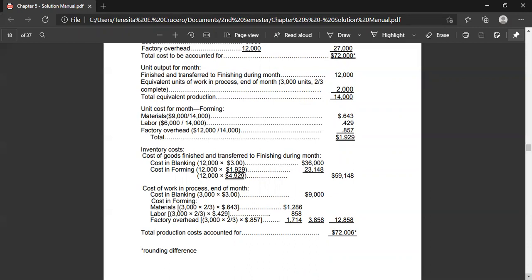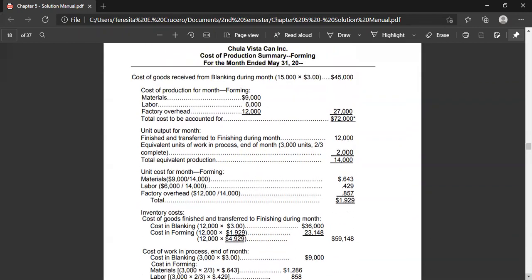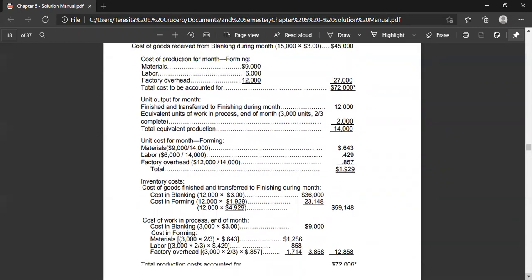4,300, no? So we have now the cost in blanking, 12,000 times 3, 36,000. Now that's the cost in blanking. 3 is given, so you get 36,000.